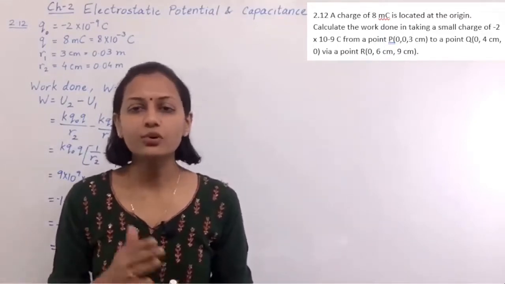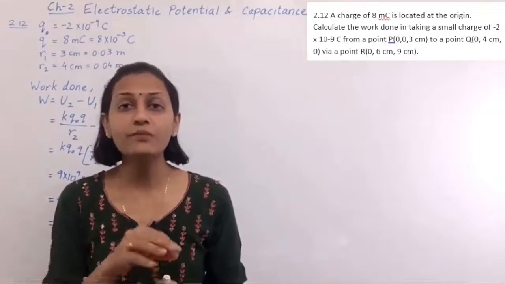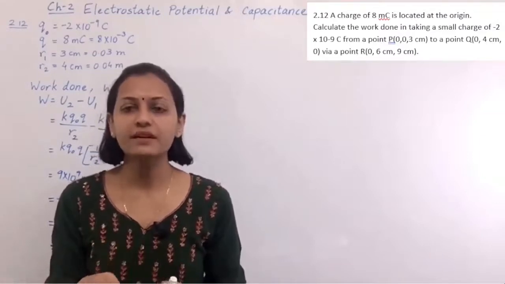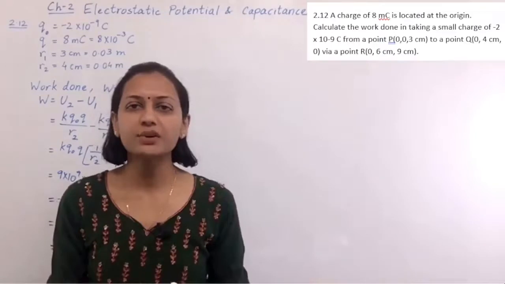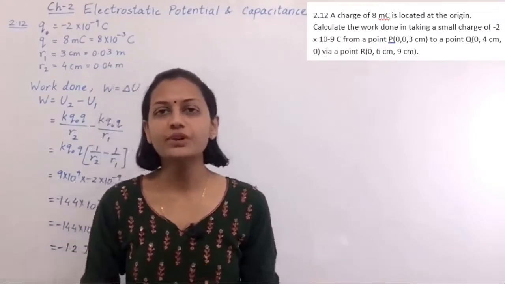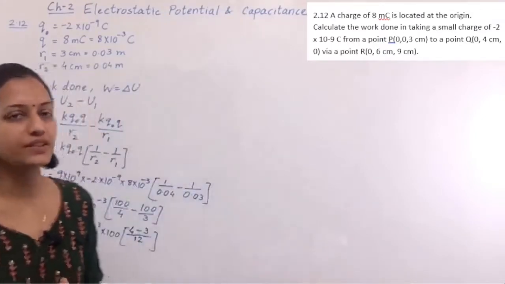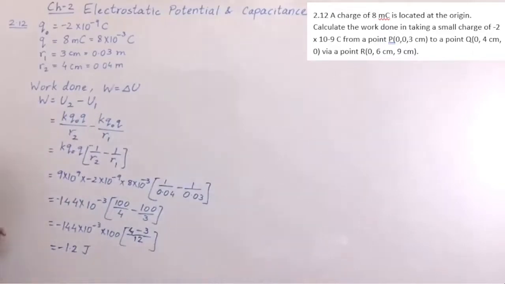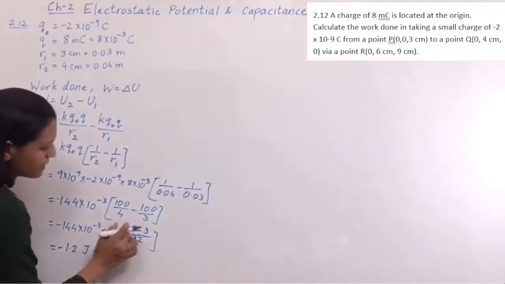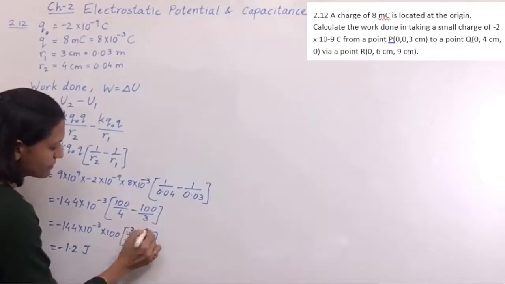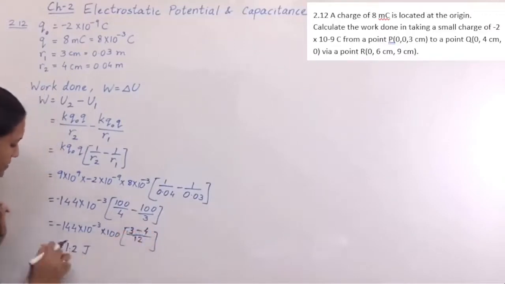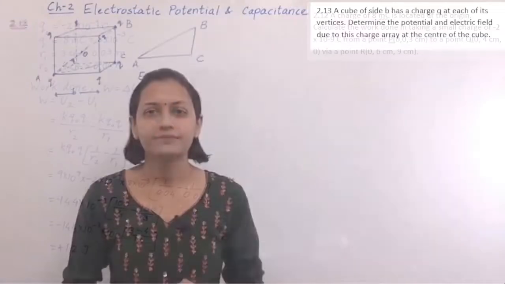So you don't have to take into account the point via which it has been taken. So R has just been given to confuse you. Okay, so we don't have to take that value into consideration. So this is the answer. This would be 3 minus 4, so that would be -1. So the final answer will be plus 1.2 joule.